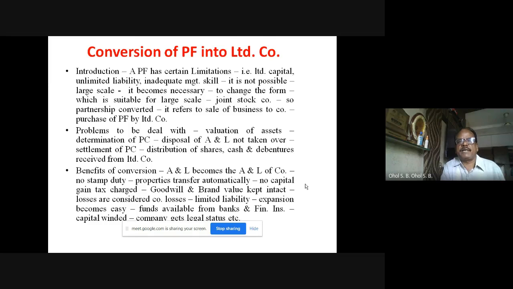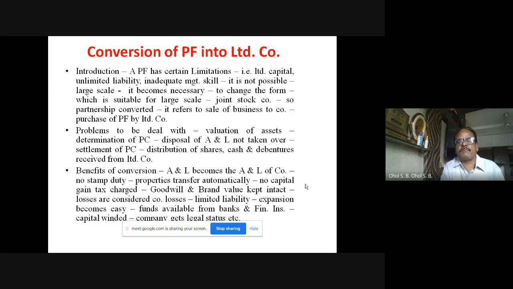So when the partnership firm is converted into a limited company, both the limited company and all the partners of the partnership firm can have dialogues and meetings. In one meeting or one dialogue, the settlement is not possible.